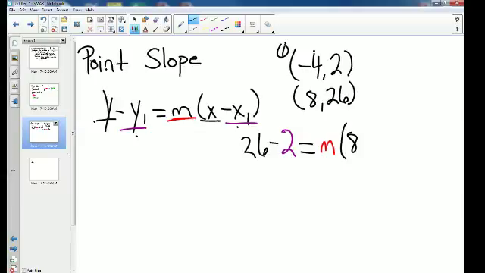Then you're going to have minus -4, which in essence just translates to plus 4.